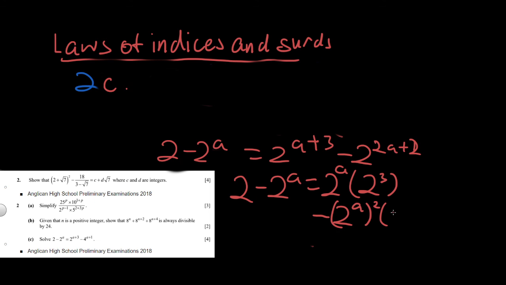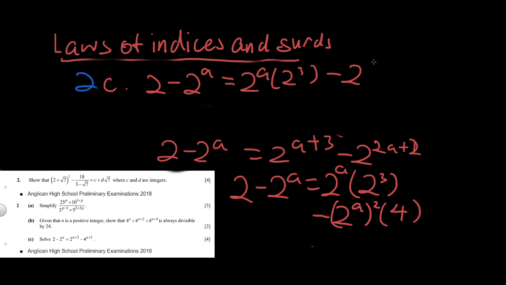I'll write it more like times 4. You can see why later, but overall you'll get something like 2^(2-2a) equal to 2^a times 2^3 minus 2^(2a) times 4, right?